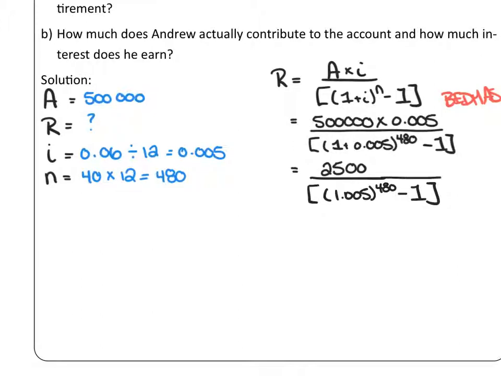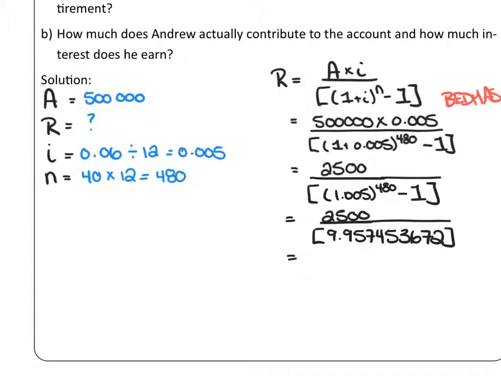I'm going to calculate that whole thing. 1.005 to the exponent of 480 minus 1, which is 9.9574536 0.72. Again, do not round it, guys.